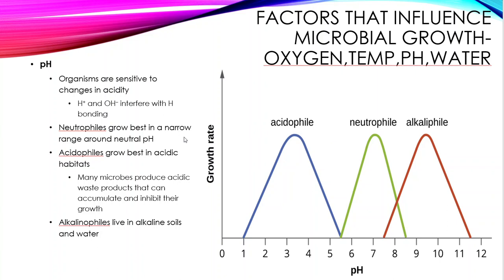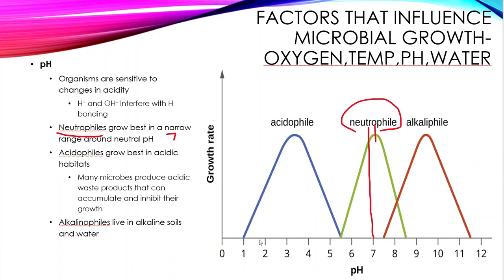pH, same thing. We talked about those. Neutrophiles are good around a pH of 7, which is neutral. And our pH is 7.35 to 7.45, so it's about right there. So these are going to be the guys that are human pathogens.